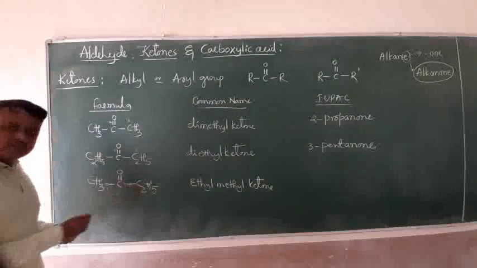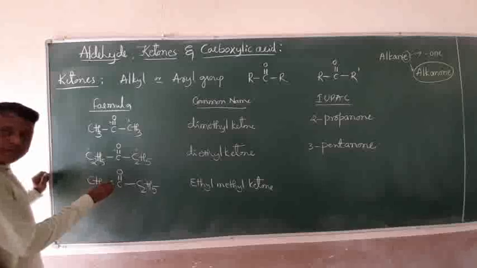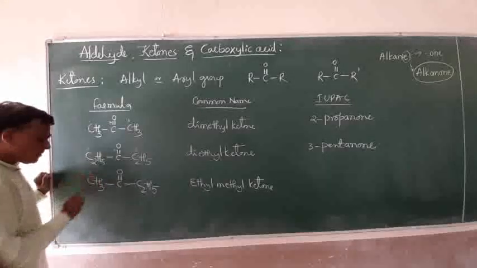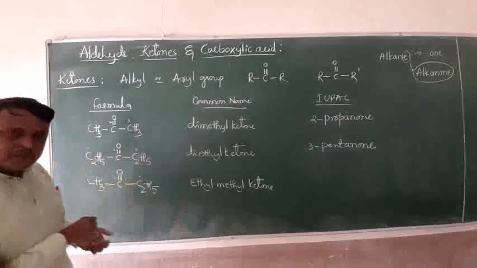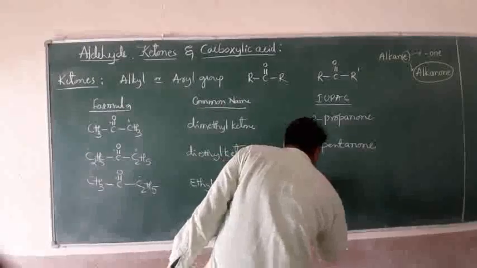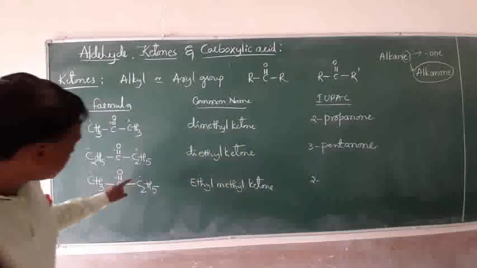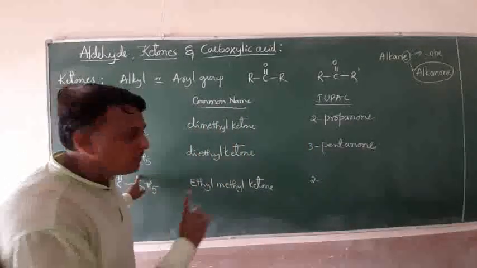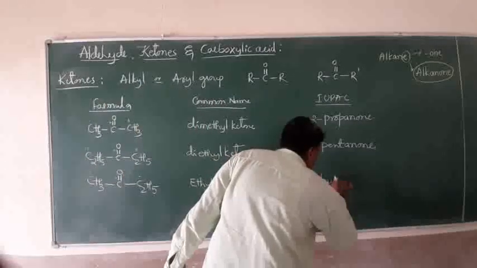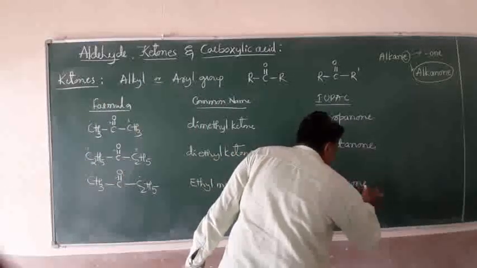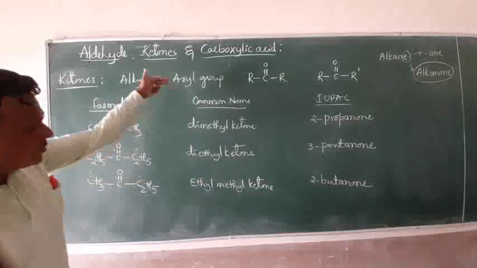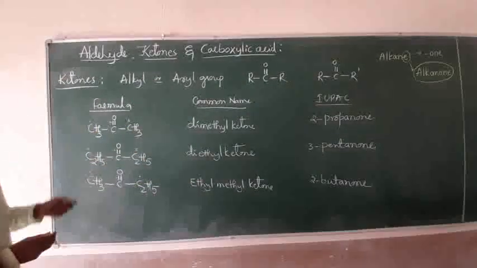Total number of carbons is 4. Numbering from the nearest carbon, carbon number 1, 2, 4. The carbonyl is at the second position. Total 4 carbons means butanone. This is your nomenclature part of the ketone.